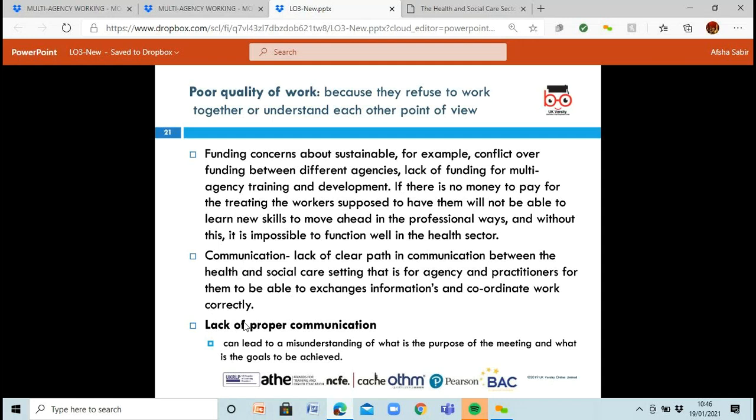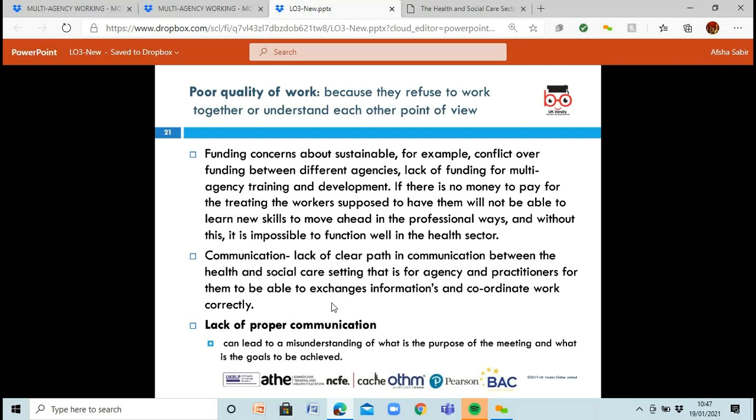So then communication. If you've not got a good communication path between the agencies that are working together, that's not going to happen. You're not going to be able to work very well together. If you're using jargon that somebody else does not understand, then the other person is not going to know what's going on.